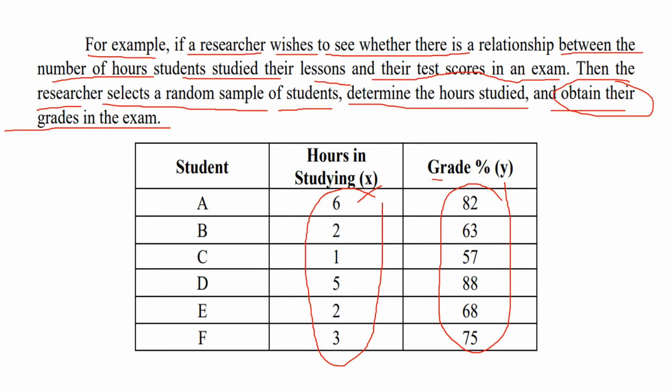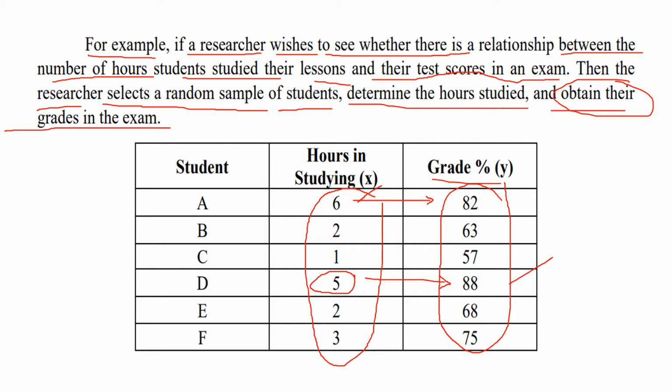And for the grades, 88 is the highest grade, for student D. But if you look at the trend, student D studied his lesson in only 5 hours, but he got the highest grade, which is 88, while student A put in an hour more than student D, but only got 82 as his or her grade, which is lower than 88 from student D.